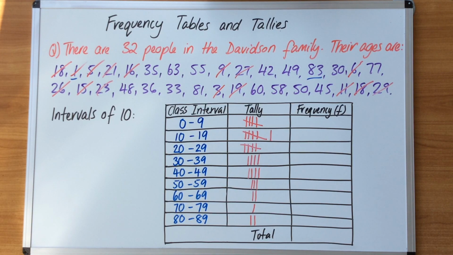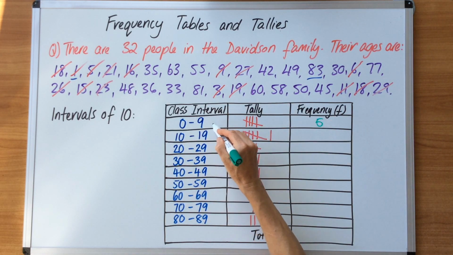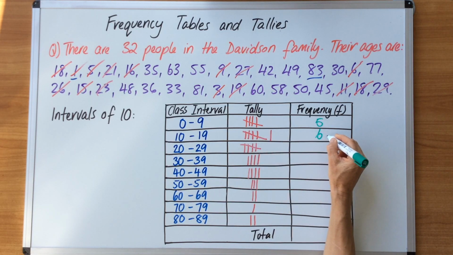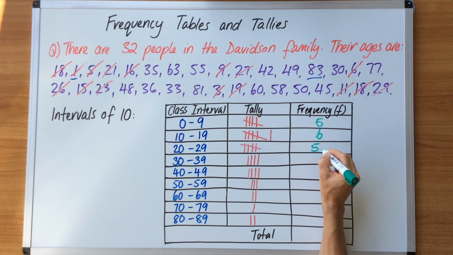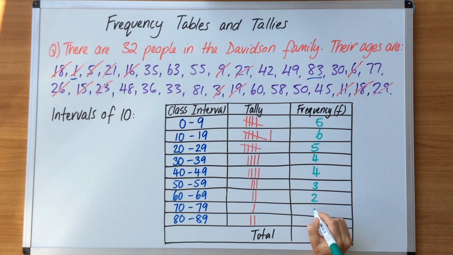Now that we've established the tallies, we then need to go through and write the digits in the frequency column. So there are 5 that fall between 0 to 9, 6 that fall between 10 to 19, 5 that fall between 20 to 29, 4, 4, 3, 2, 1, and 2.